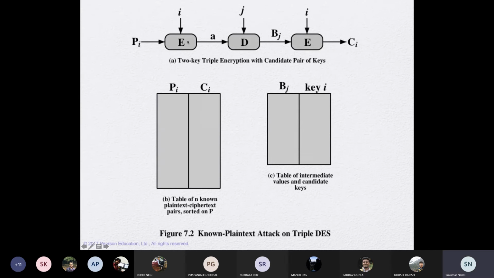If you do the meet in the middle type attack, it's not that easy to implement because you have P_i and the key K_i, it goes to A, then it is J, it will be B_j.